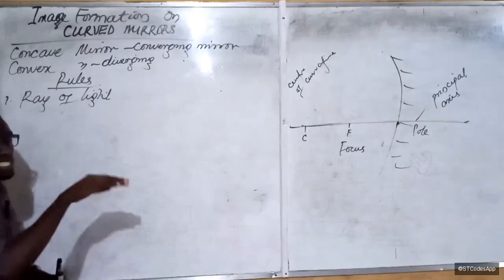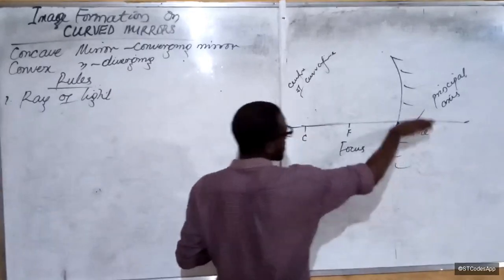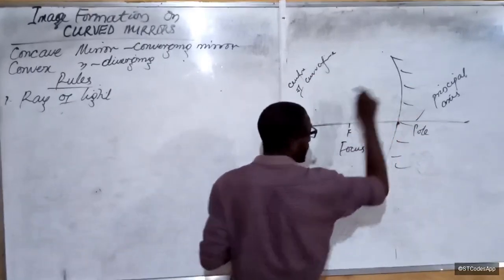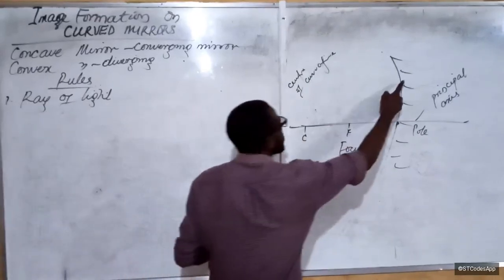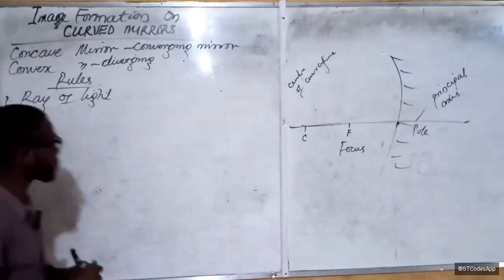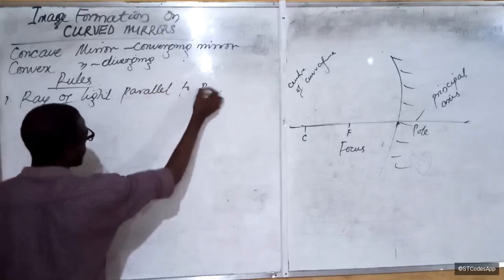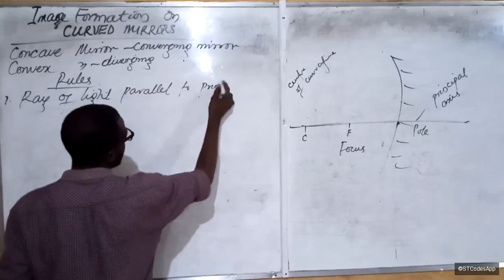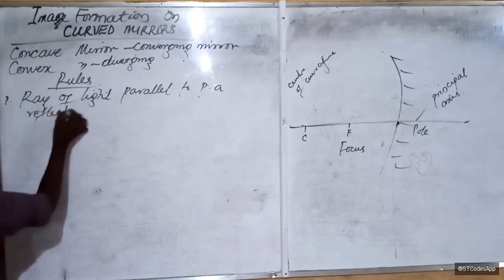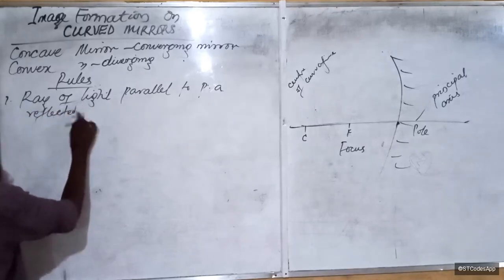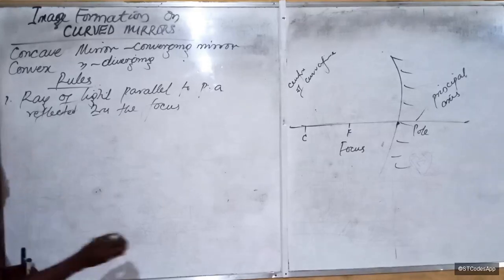If a ray of light is parallel to the principal axis, once it strikes the mirror as the incident ray, it will be reflected through the focus. Let me show you what that means.